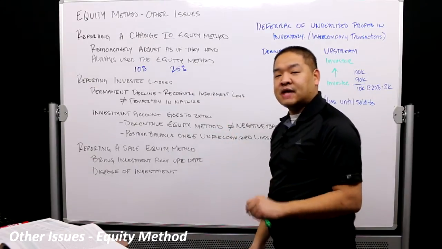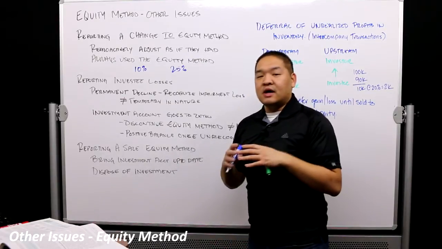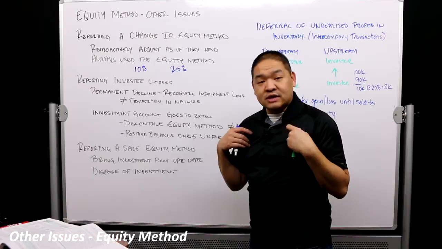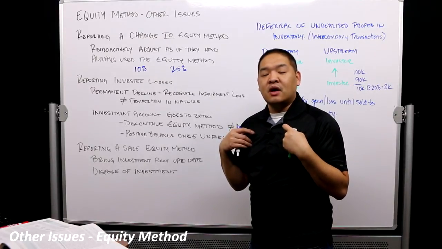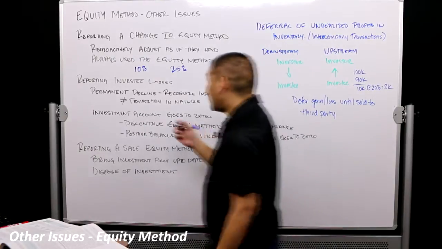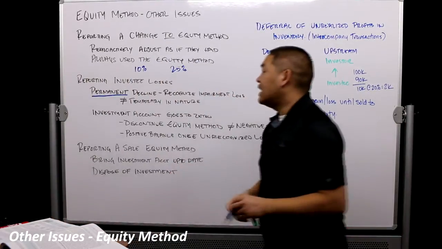So if we have on our books that our investee is worth $1 million, and based on their missteps or judgment calls, our share is now worth $500,000 instead of $1 million, we might have to take an impairment loss.